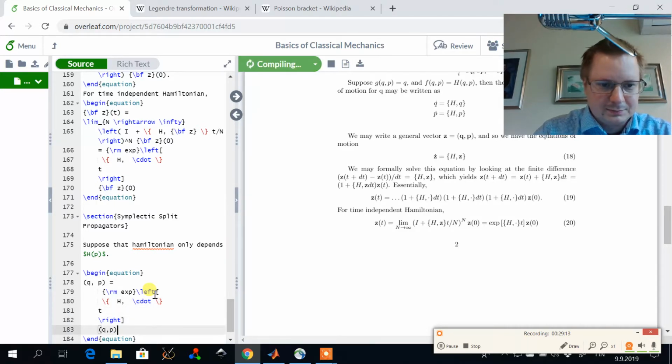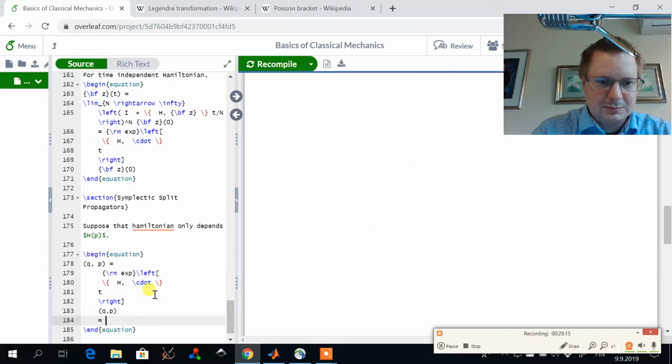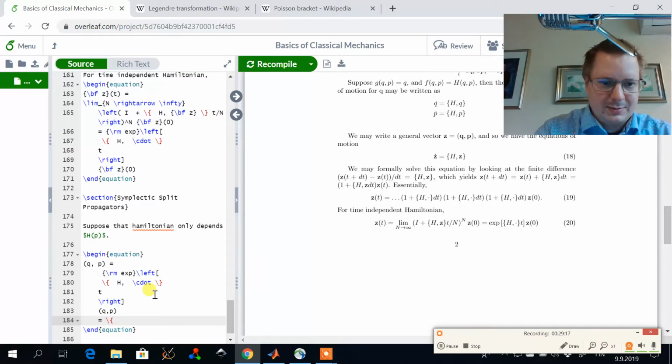And so we can write this expansion using the Taylor expansion.